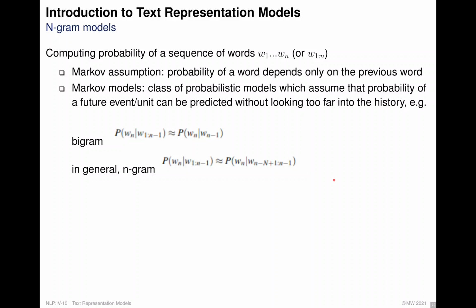Can you think of linguistic phenomena or linguistic contexts, you already have seen some of them in previous lectures, in which this Markov assumption is not valid? Just give some examples. That the next word depends only on the preceding word, the previous word.